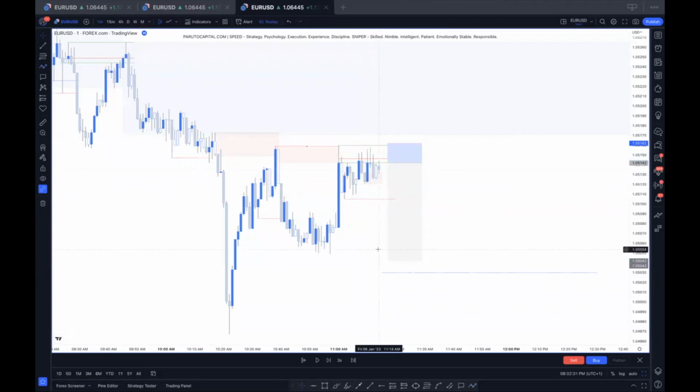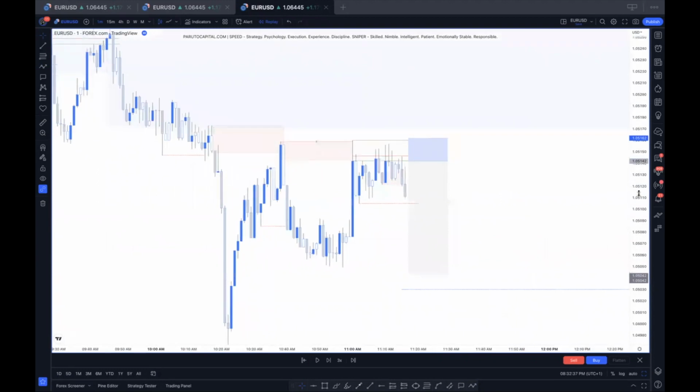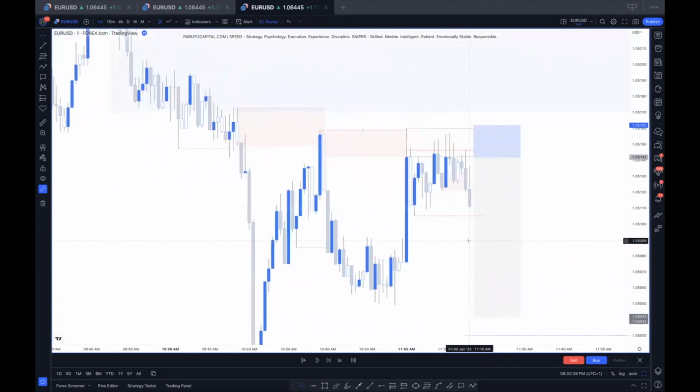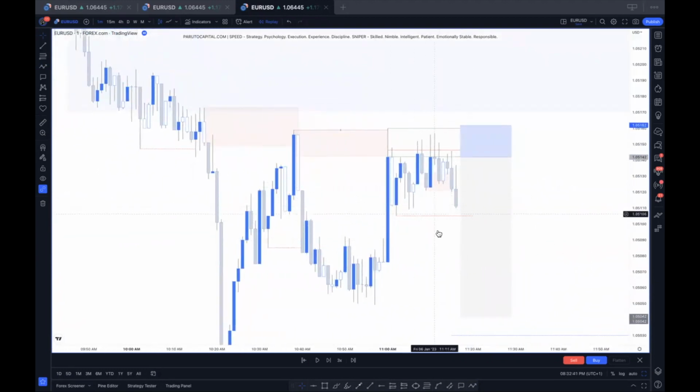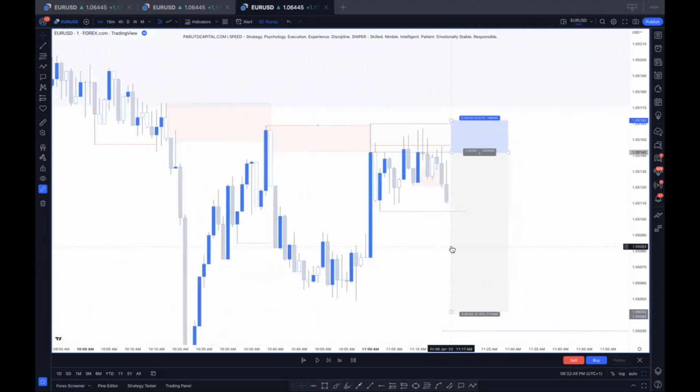So let me play this candle so you see what now happened. Okay, cool. Now, based on how I trade, right? This here was a viable entry for me. However, I did not take this. I was actually watching this when price was doing this, but I didn't take this trade because what I'm looking for is I want price first to mitigate my 15 minutes POI because that was the last candle that produced the move.